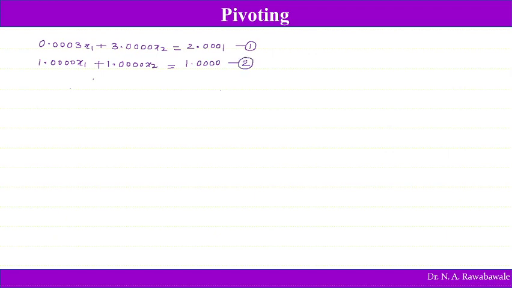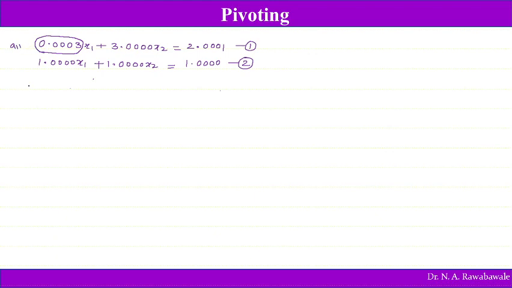Now let us see, in the first equation the coefficient of x1 at the place of a11 is known as the first pivot element.